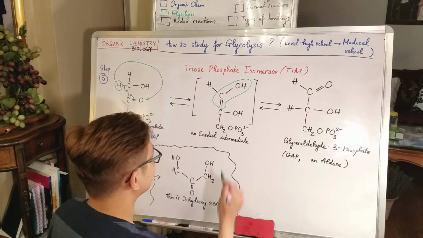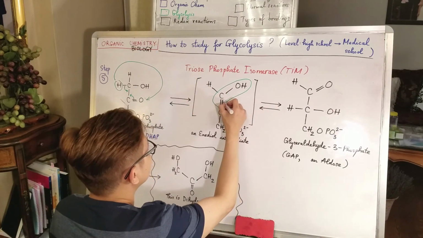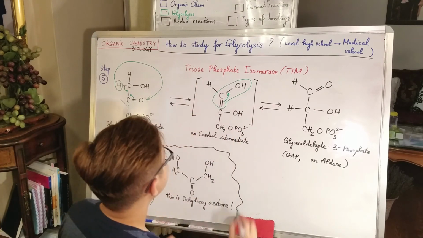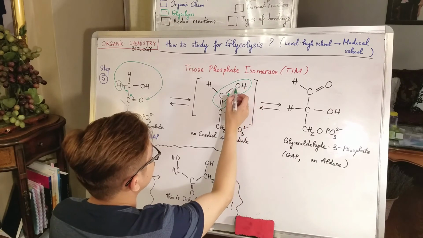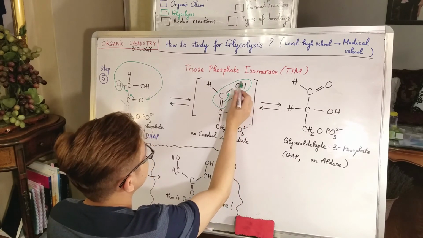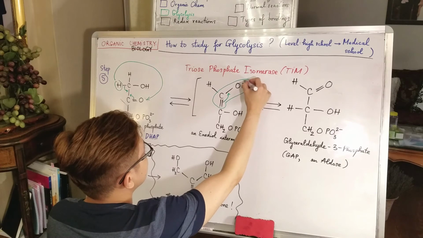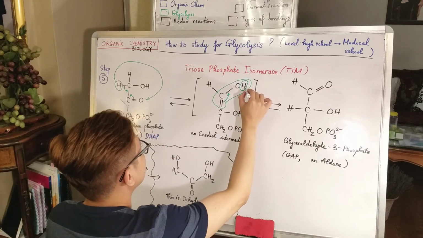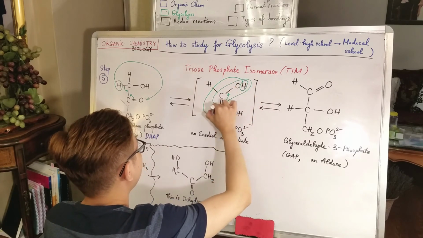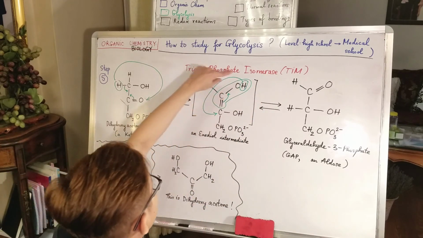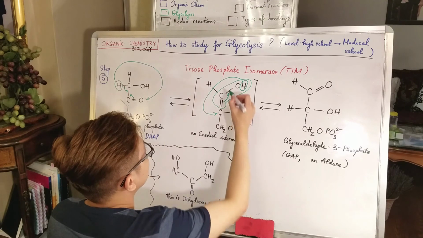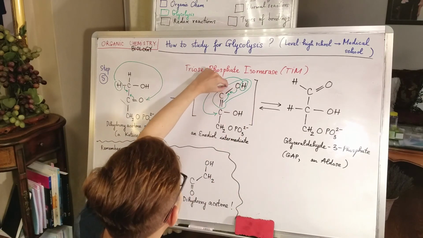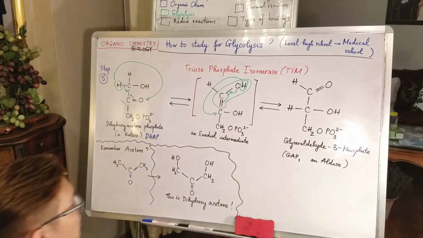The result is that electrons here will jump into this position, causing this region to be imbalanced, and this hydrogen will find its way into there. And the extra electrons will jump into here to form a double bond here.